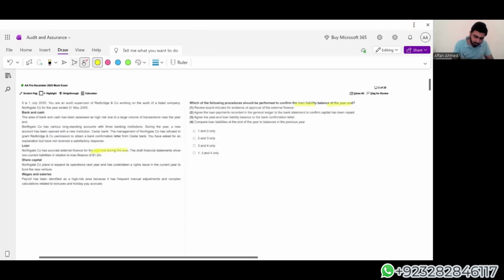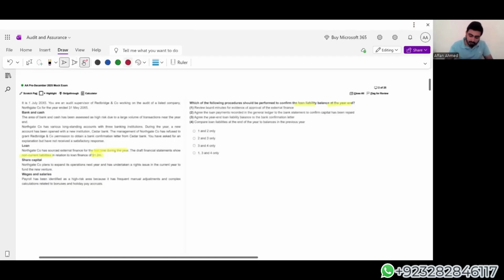The draft financial statement shows a current and non-current liability in relation to loan finance of 1.2 million. So what do we have to verify here? Do we have to verify that there is a loan or not? No, we don't have to do that. We have to verify what the balance is at the year end. So the balance at the year end will be a separate area that we have to test. Let's see what substantive procedures we can perform in order to obtain confirmation of the liability that we have at the year end.